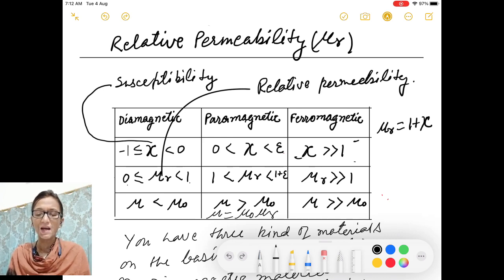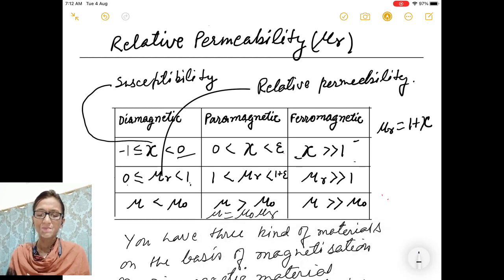And on adding 1 along this side, you get 1. So this is how the materials can be classified on the basis of their susceptibility and relative permeability into 3 categories as dia, para and ferromagnetic materials.